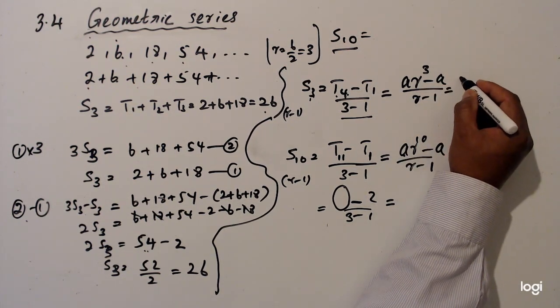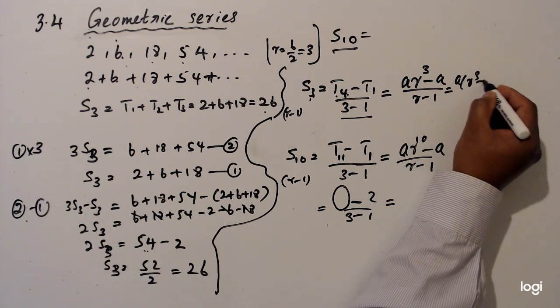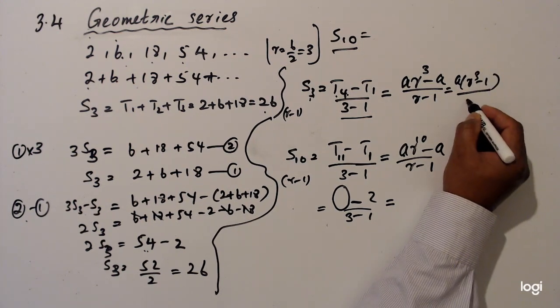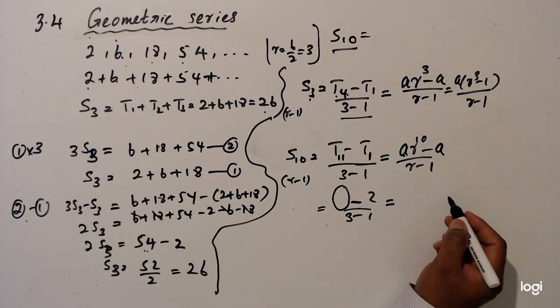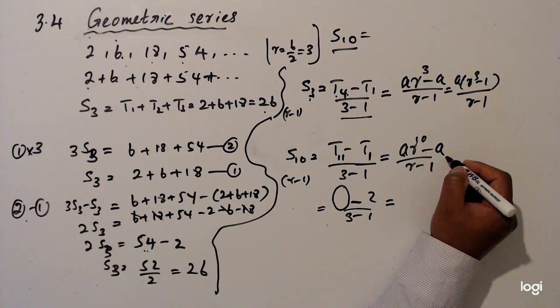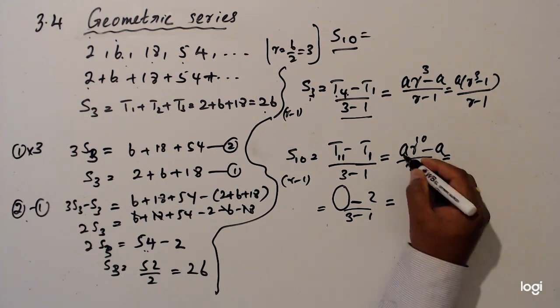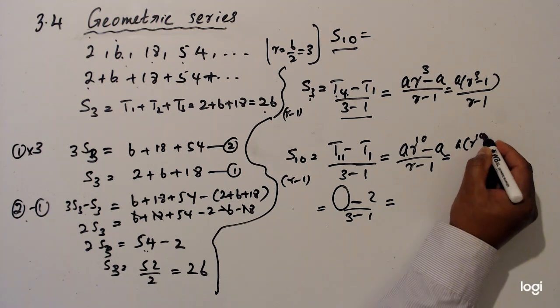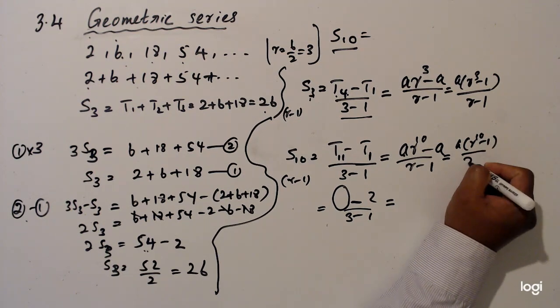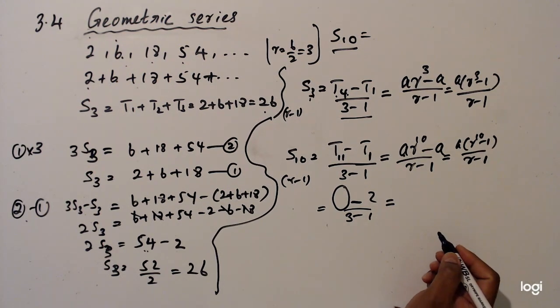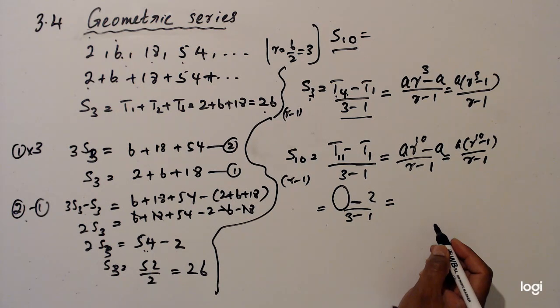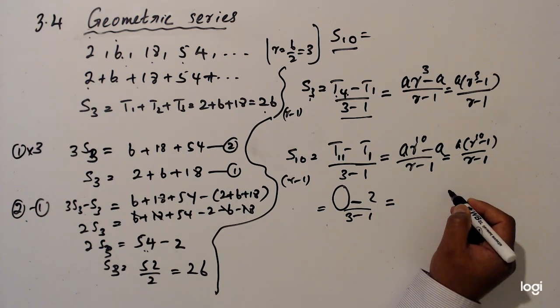So I can take A out here. This is R^3 minus R^1 or R minus 1. In here, if I take A out, R^10 minus 1 over R minus 1. So likewise, I can simplify here.